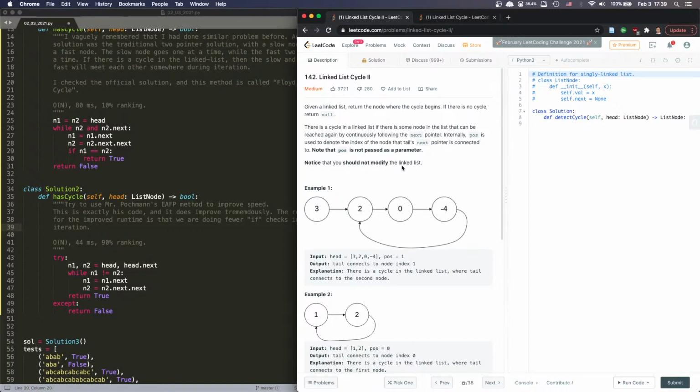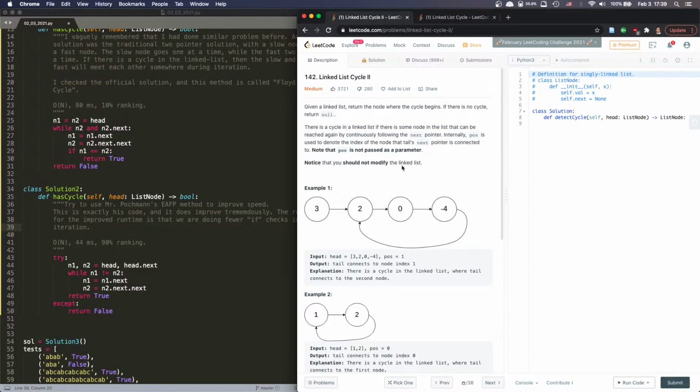The slow node can only be caught up once it's inside the loop. Say it gets caught up, and the total number of iterations is m. I like m is here, n is here, and we have x iterations in total.